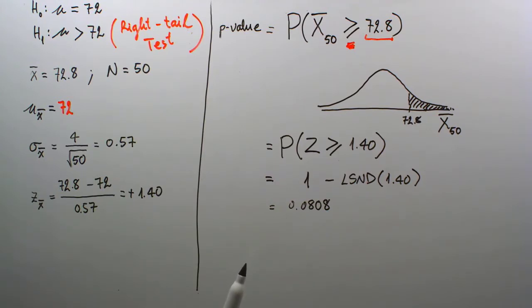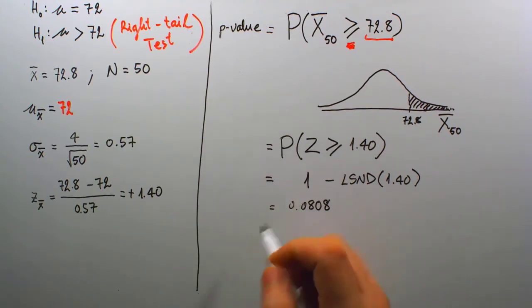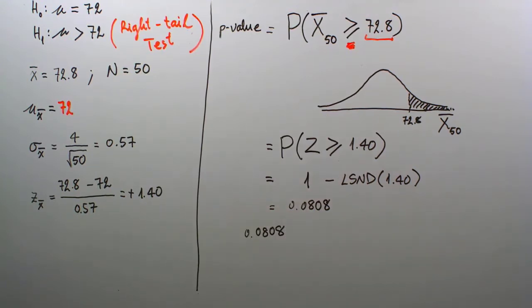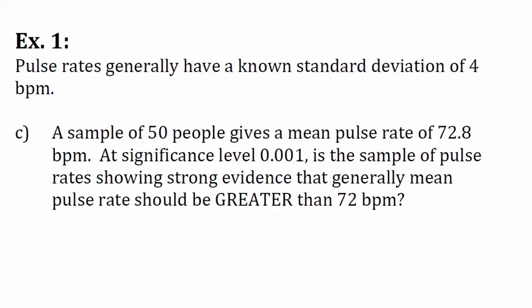So with the p-value just now calculated, 0.0808, we are going to compare it with the significance level given in the problem. So let's again look at the computer screen here. In part C of this problem, we are given a significance level of 0.001.